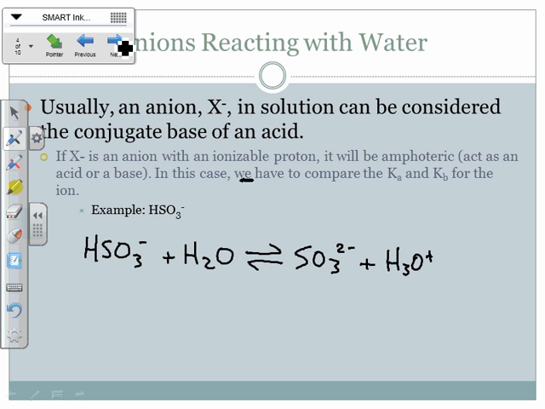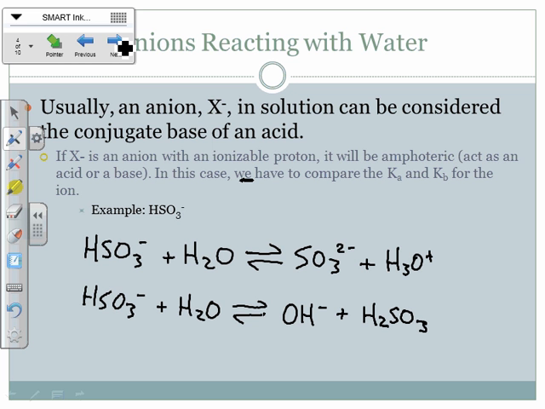Or the other thing it could do is react with the water and go the other direction, where it actually takes a hydrogen from the water, and then it makes OH minus and H2SO3. So either one of those could actually happen.